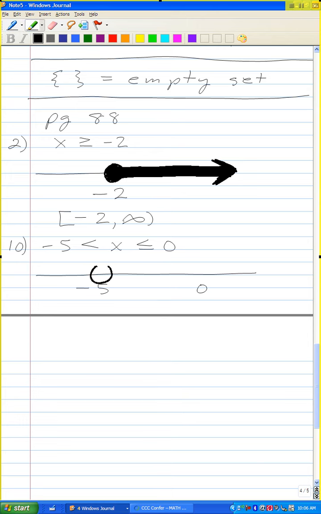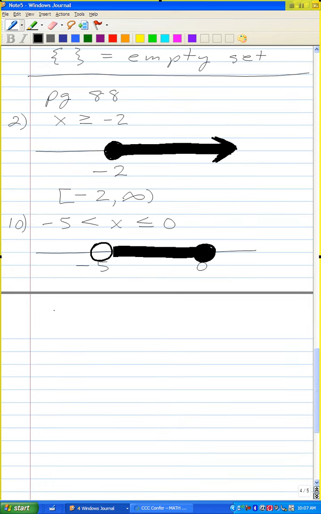It does not include -5, but it does include 0. And it includes everything in between. And so it is the half open, half closed interval.